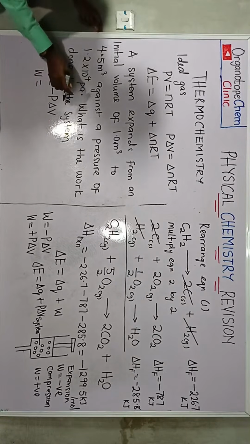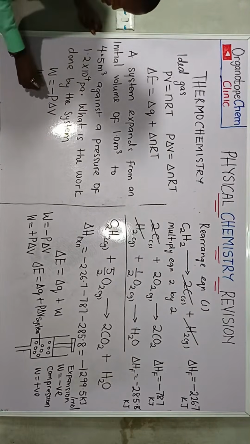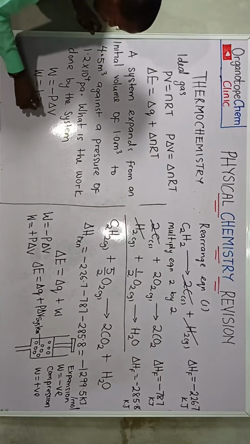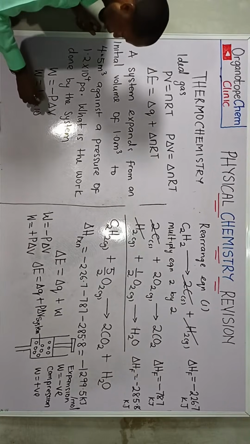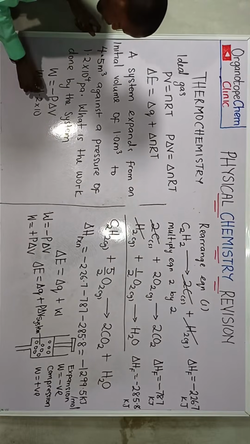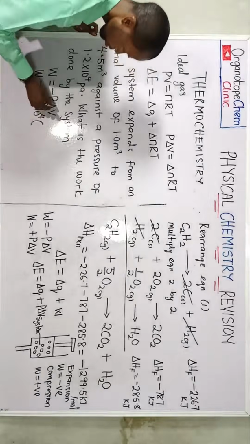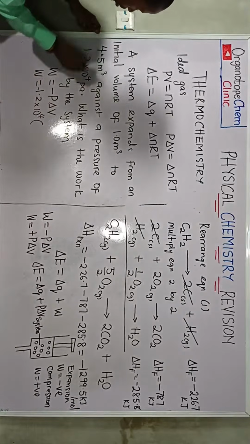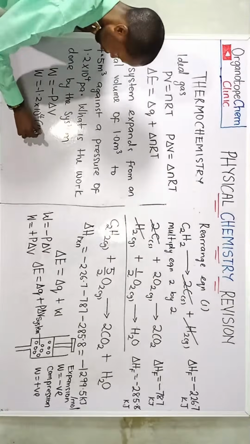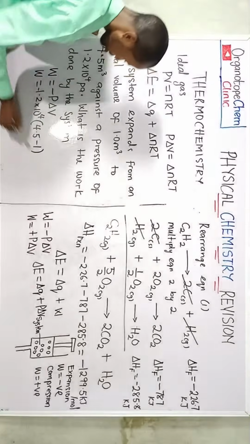So we are having the pressure 1.2 times 10 raised to power 4. Open bracket. The final volume is 4.5 minus 1.